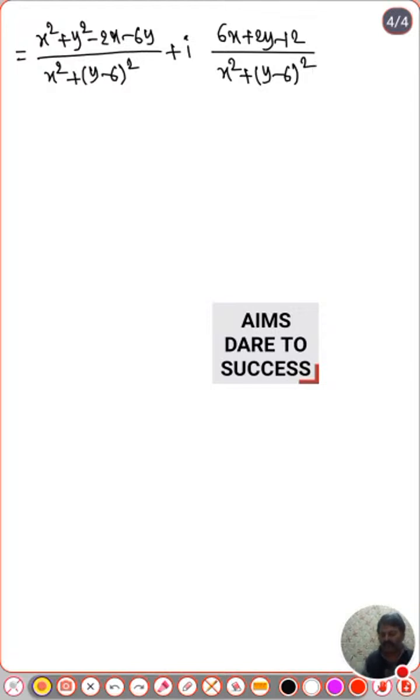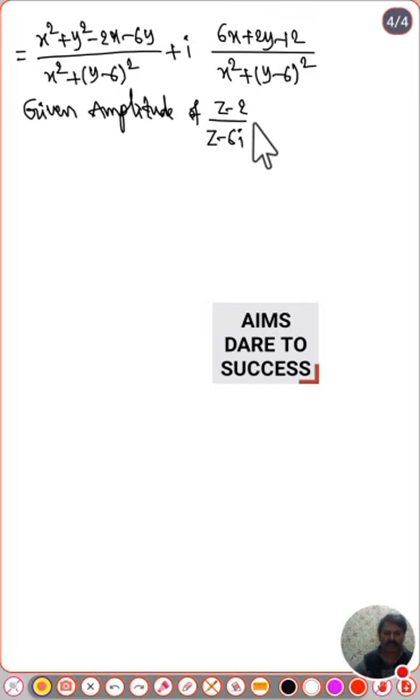Okay, according to this, my dear, the given value is amplitude of (z minus 2) by (z minus 6i) is equal to pi by 2.